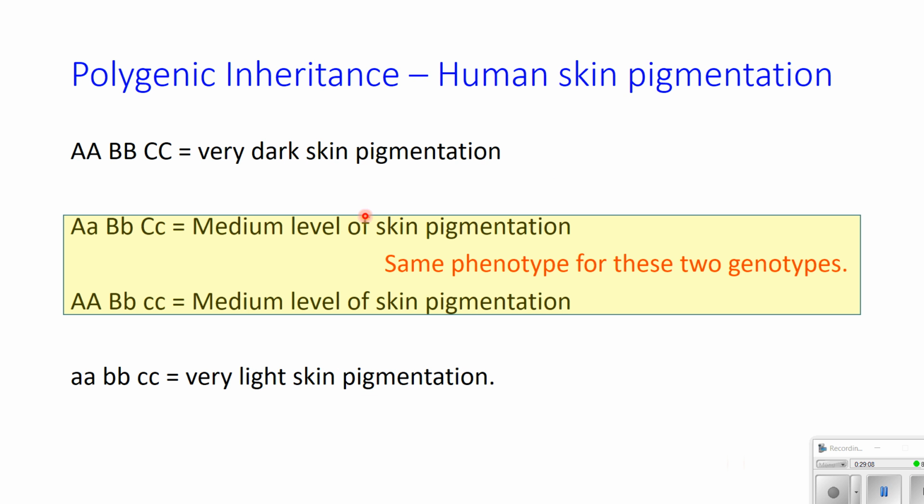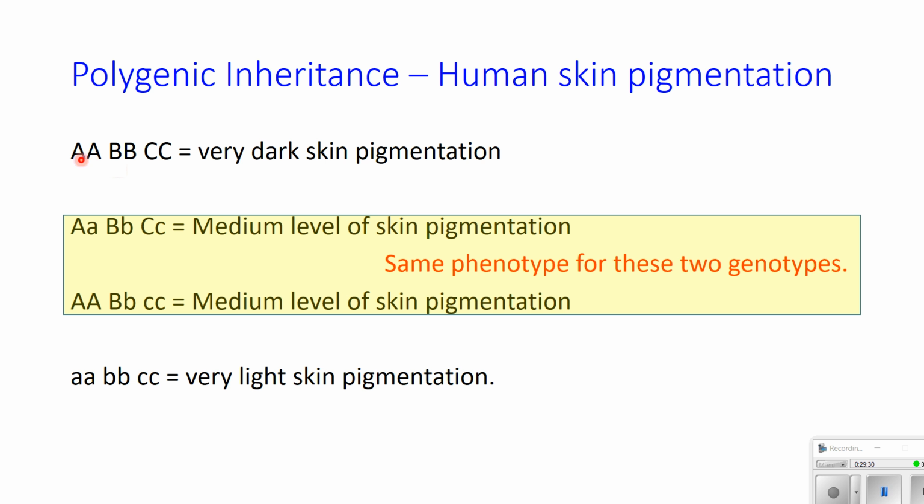Okay, so again, this is a way oversimplification because this model that I'm sharing with you assumes that we only have 3 different genes contributing to skin pigmentation. It's definitely more than 3, but this is kind of a simplistic way to conceptualize it.